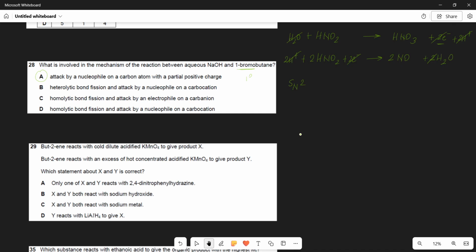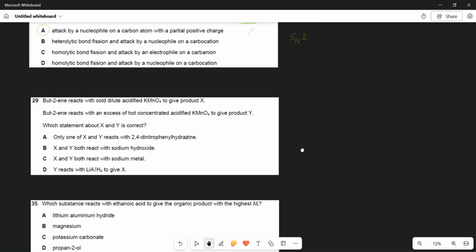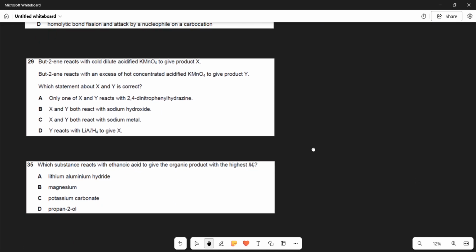Then question number 29. Butene reacts with cold dilute acidified KMnO4. So butene, CH3CH=CHCH3. When it is acidified cold dilute KMnO4, it results in a diol.